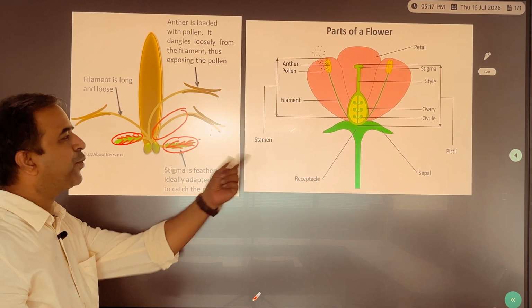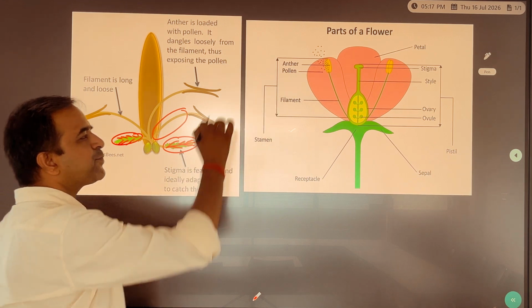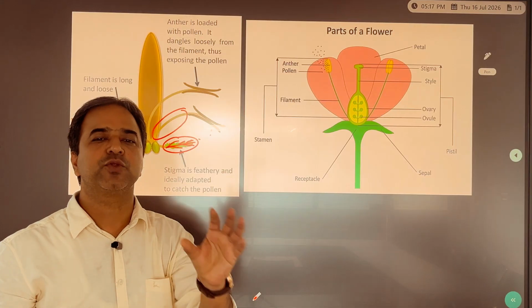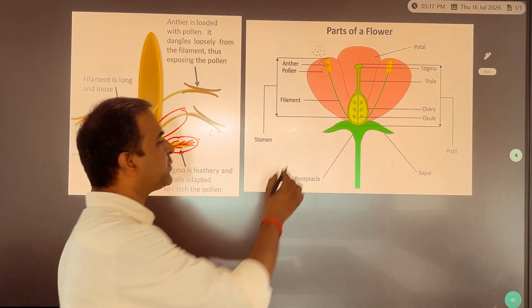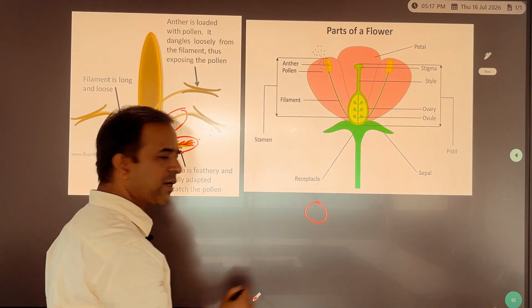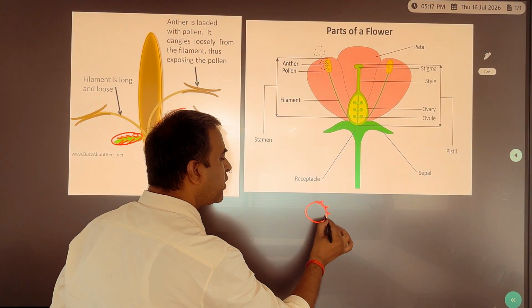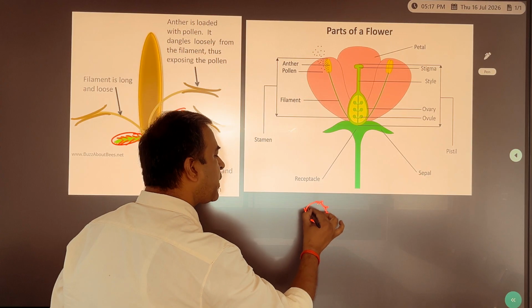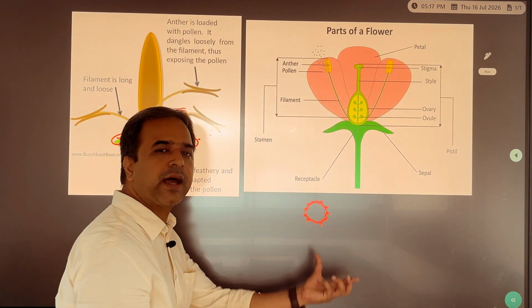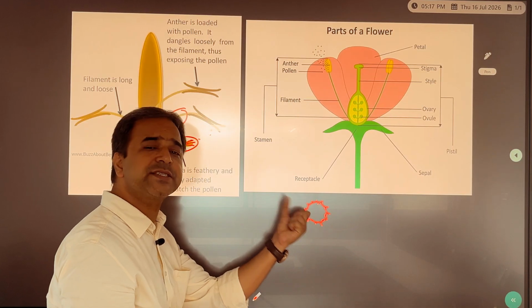Apart from this, their pollen grain. Here, the pollen grain in insect pollinated flower has to attach or stick to the insect. So suppose this is the pollen grain from an insect pollinated flower, it will have presence of spines so that it can attach. It is quite large. It is sticky.